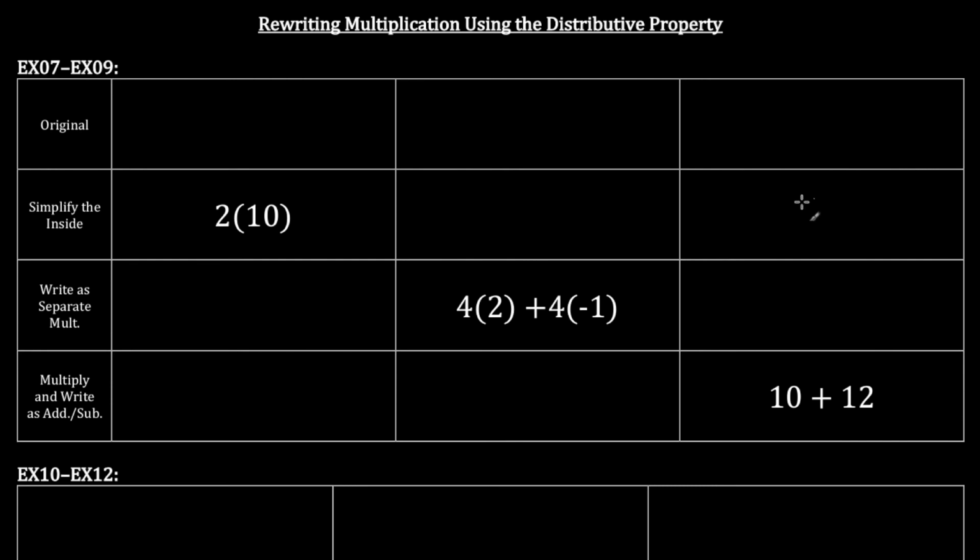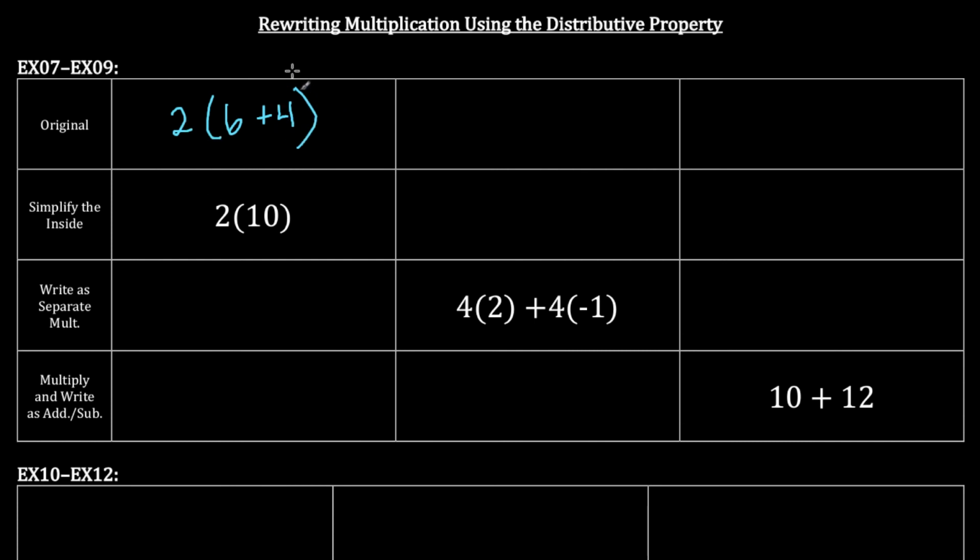So this time I'm going to give you a random version of this expression, and you are going to give me the rest. So 2 times 10, I could have gotten that from 2 times 6 plus 4. I could have also gotten it from 2 times 7 plus 3, or 2 times 5 plus 5, or 2 times 9 plus 1.